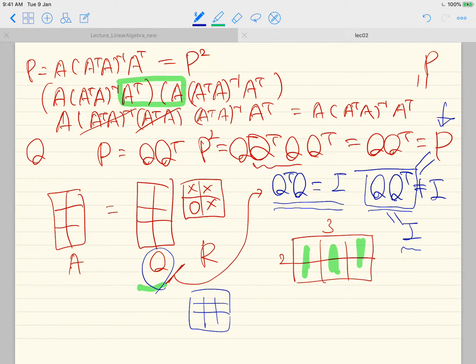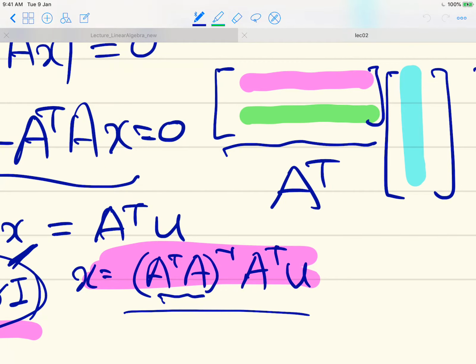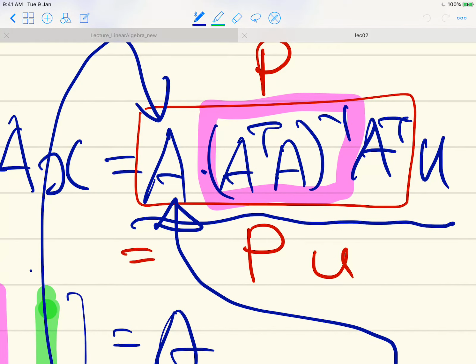So how can we verify that? By looking at the formula that we obtained over here. So this guy, or let's look at this guy.